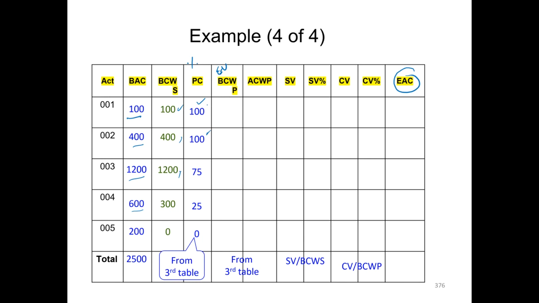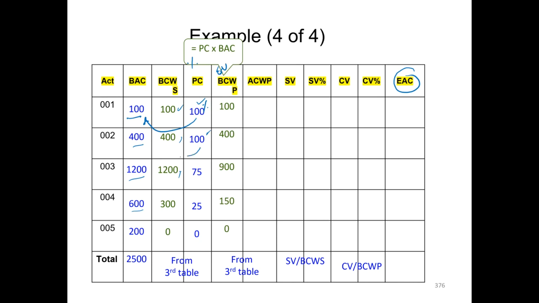We just see what we have accomplished, which is 100% of total budget. So 100% of 100 will give us 100. So basically, percentage complete multiplied by budgeted cost at completion.